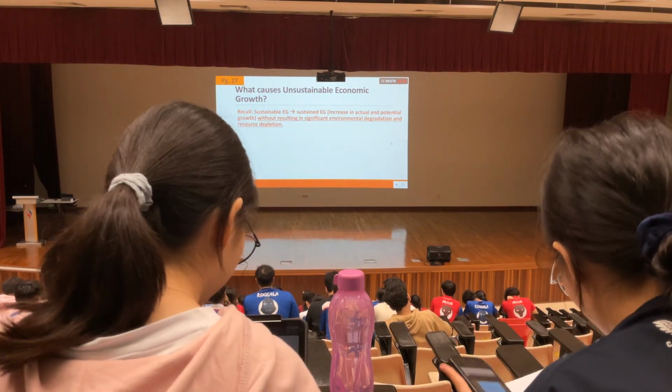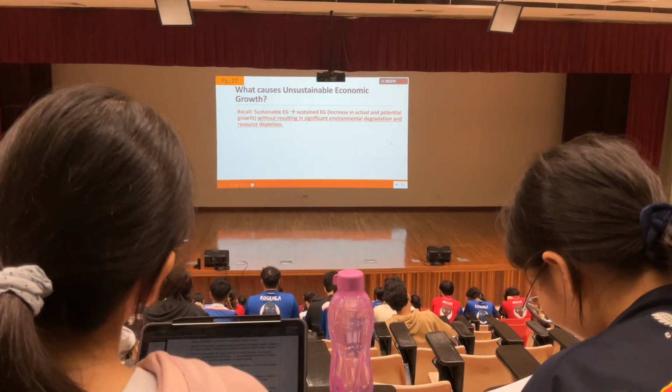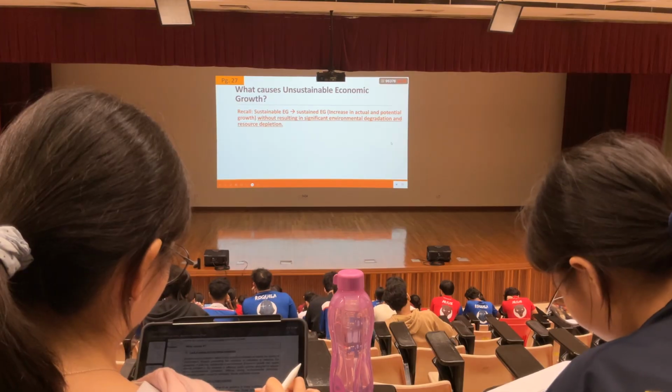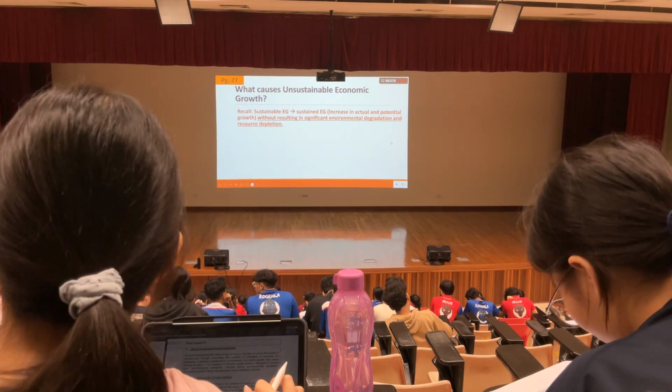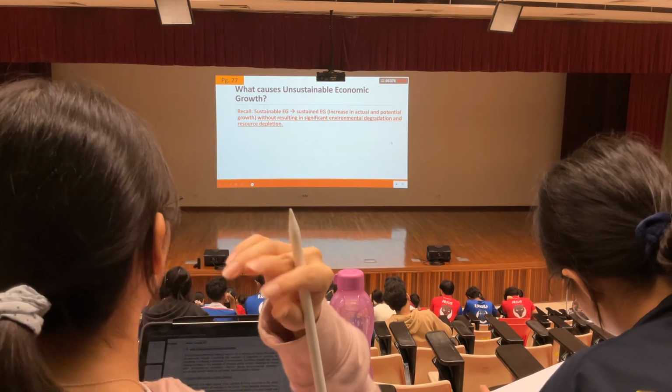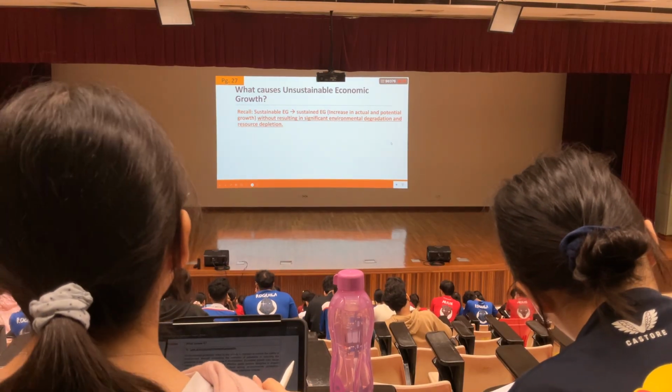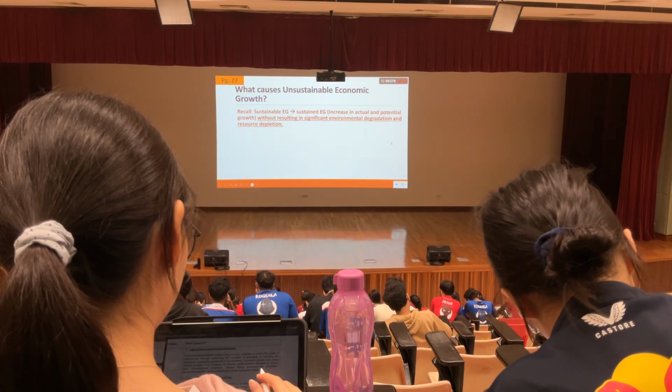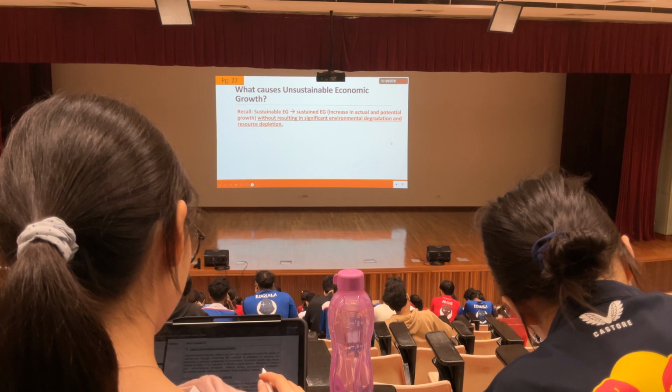So next, what causes unsustainable economic growth? Just now Ms. Chung has already mentioned, right? Sustainable economic growth means that you have a sustained increase in actual and potential growth.